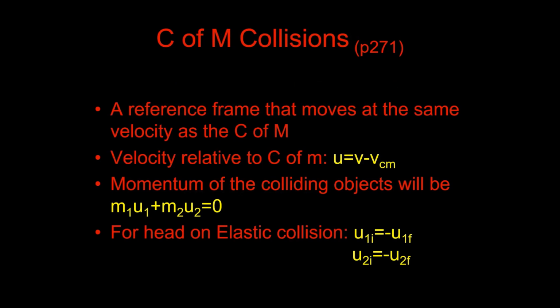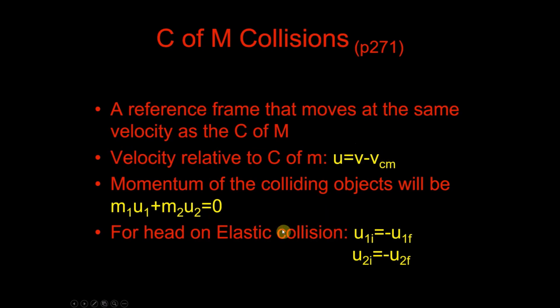The only thing you would have to do is compensate for the distance from the center of mass to the two objects, which really becomes a relatively simple transform of saying u, the velocity in the center of mass frame, would be the velocity of the object minus the velocity of the center of mass, because the center of mass itself will be moving along with the objects. Consequently, the colliding objects in the center of mass reference frame will be mv again, but now it'll be this u value, this difference between the velocity of the object and the velocity of the center of mass.